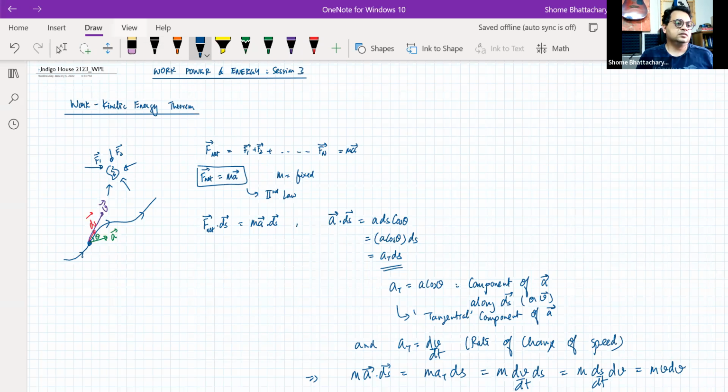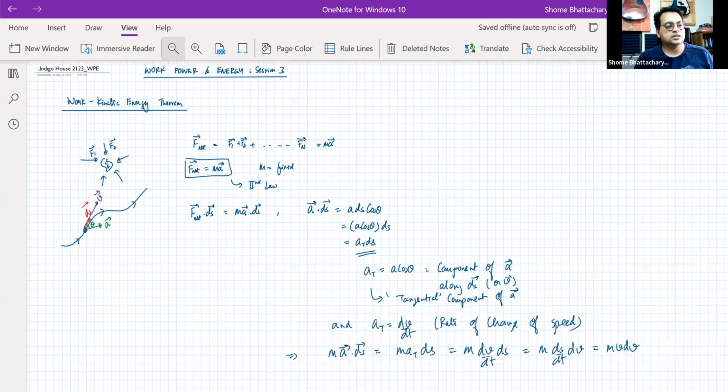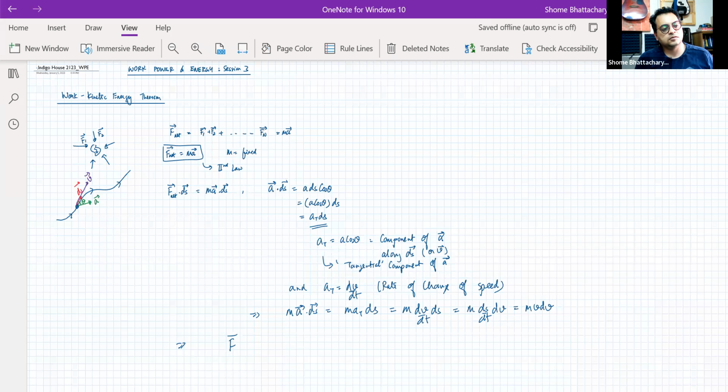Okay, so with this step in place, now we can see that this quantity, the right hand side a dot ds, has now been reduced to v dv.